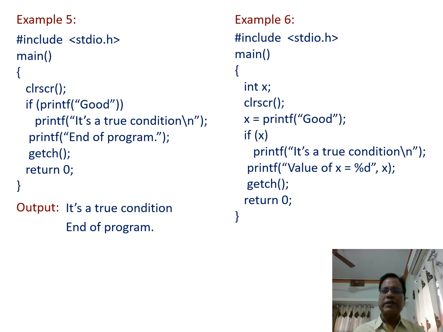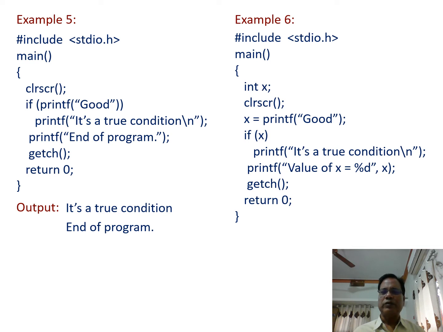So int x semicolon, x is declared as an integer type of the variable, x is equal to printf. So when we write a statement like this one, what is the return value of this printf statement? That is assigned to the variable x, and depending on this one whether it is non-zero value.